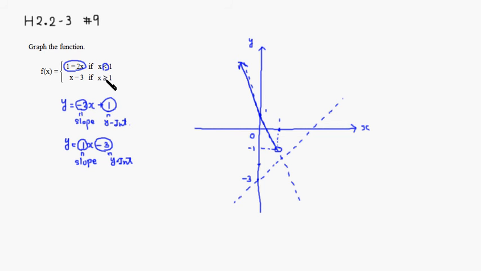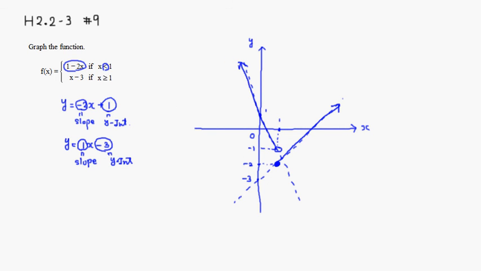All right. So since there's equality, I'm going to place a closed dot, like that. So that's actually at negative 2. And then we can keep the graph if x is greater than or equal to 1. So it's going to be to the right. So we can keep this part of the line. All right. So this is more or less the graph of this given function.